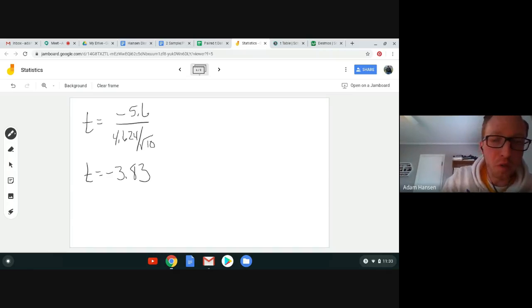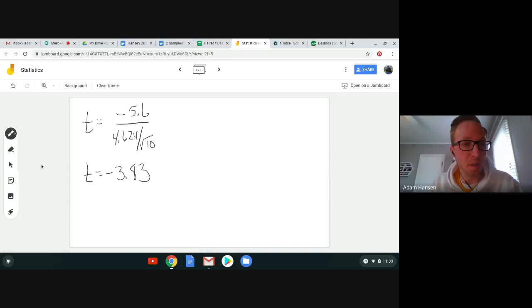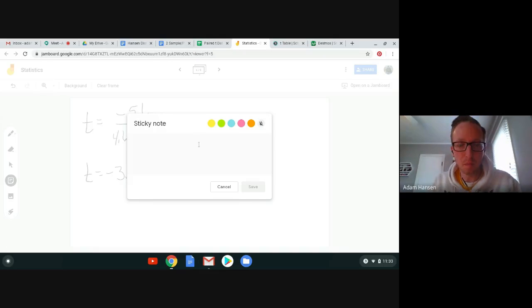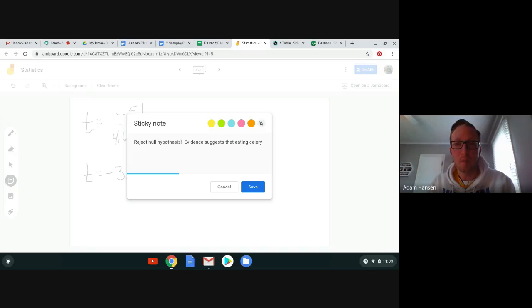So therefore, we should reject the null hypothesis. Our evidence suggests that eating celery every day causes people to lose weight.